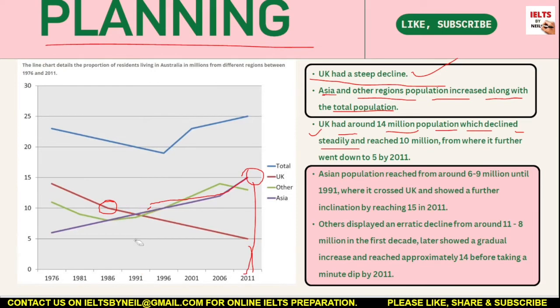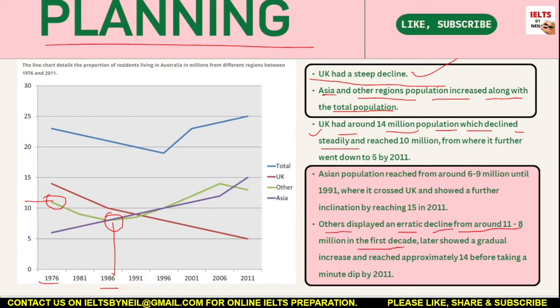Now we're left with others and the total. Okay, let's have a look at others. Others displayed an erratic decline, I've used the adjective here, from around 11 to 8, somewhere here. Now 1976 to 1986 is one decade, okay?